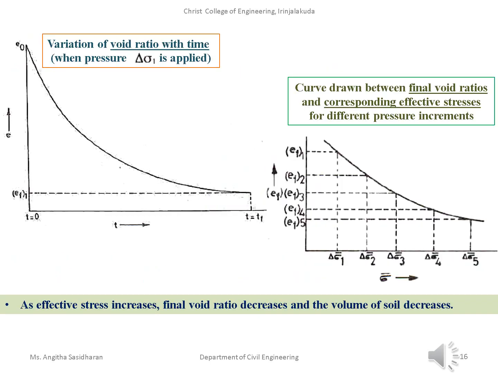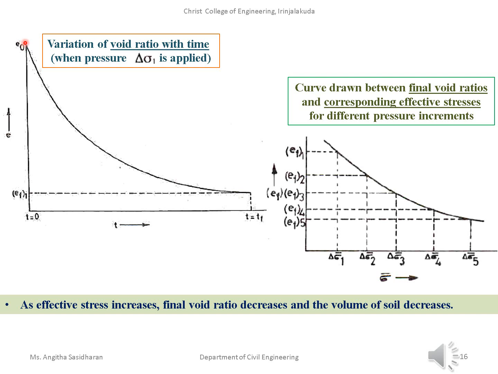Please look at these curves. The first graph is the variation of void ratio with time when pressure delta sigma 1 is applied. The void ratio is marked here and time is marked on the x-axis. So this is the graph when the load increment applied is delta sigma 1.